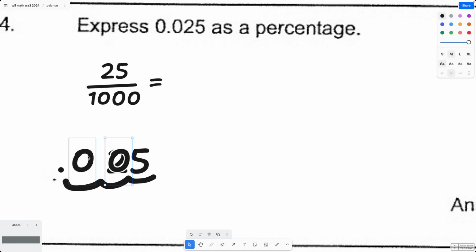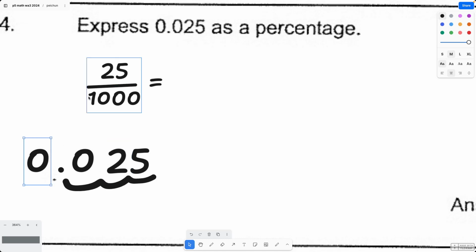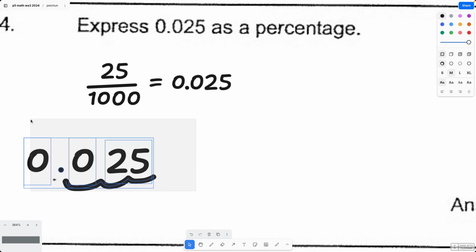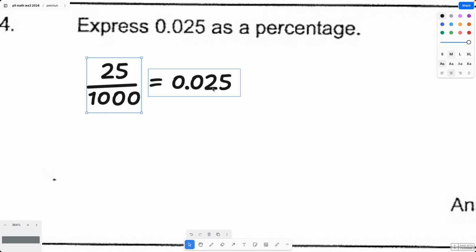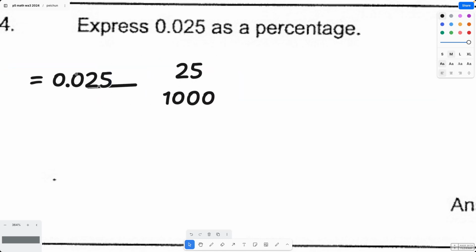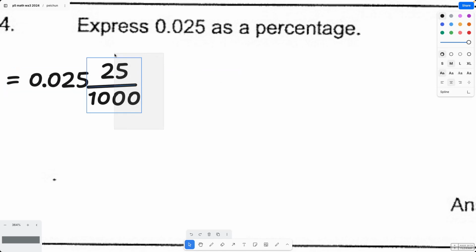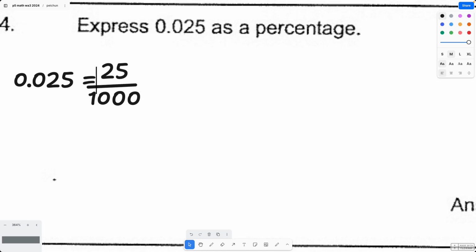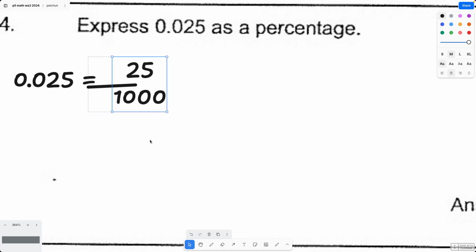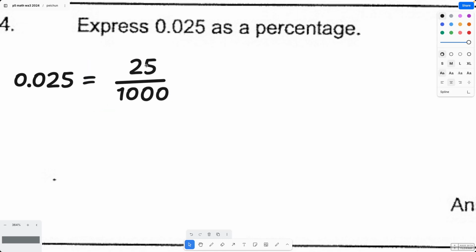And then basically it will become 0.025. So that means in this case, 25 out of 1000 is equal to 0.025. Okay, so now we know that 0.025 is equal to 25 out of 1000 in this case over here, right?